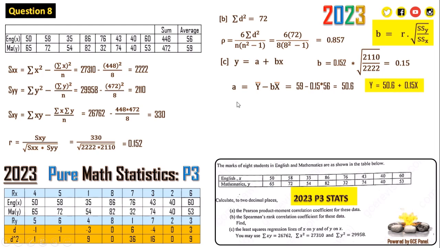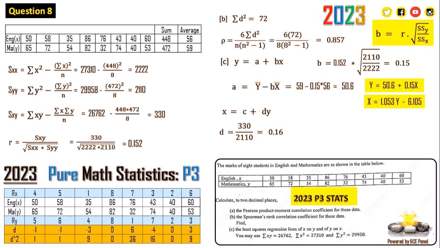Then, for the equation where we have x to be equal to c plus dy, let's call it x equals c plus dy. In this case, we are going to have our d equal to 33 on 2110, just like we saw previously.